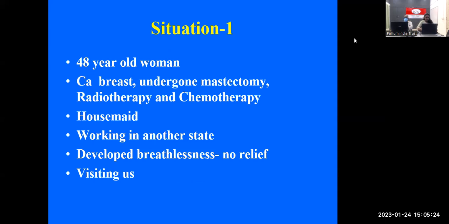She was a housemaid, originally from Kerala, but working in Tamil Nadu. Even though she had this carcinoma breast and underwent treatment, she still was working as a housemaid in Tamil Nadu, and she didn't have much problem.